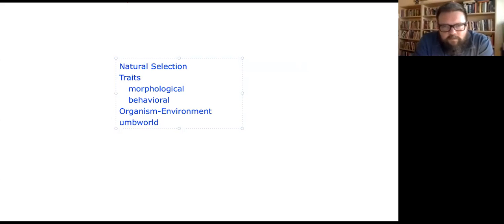We don't use this word much in English, and if you Google it, either I will come up or there's a whole sociological theory that uses the word differently. So umworld is just the Old English word for environment, and I just use it to be a little bit different from the word environment, because when we say environment in American English, we usually use it like the word nature, where environment is something that's not human. But what I want you to do with the word world is to include humans in it.